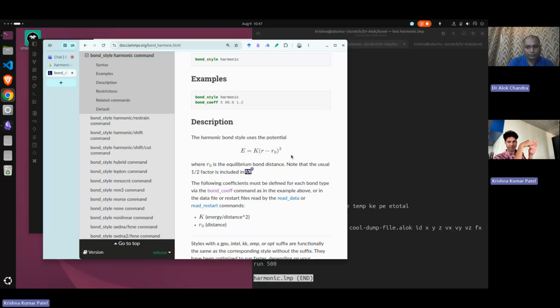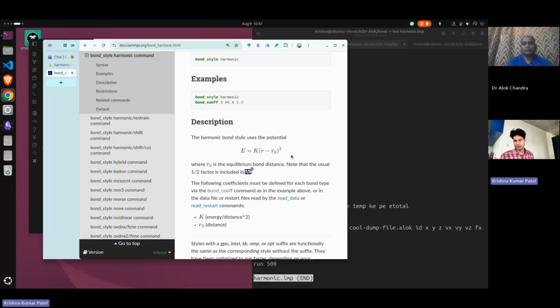It touches infinity, which means for you to stress them further, as these atoms move far and far, the energy required would be huge. So it will never be possible to break that bond if you're modeling with this harmonic expression. The potential energy does not allow you to do that. So LAMMPS cannot do that.